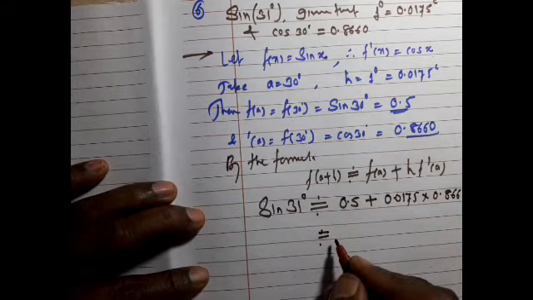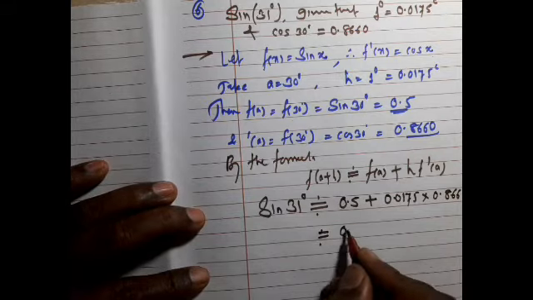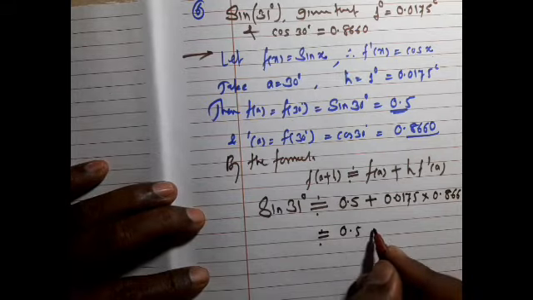This is approximately 0.5 plus 0.01515, and hence at last sine 31 degrees is approximately equal to 0.51515. So this is a trigonometric example. We will take some more examples based on the trigonometry.